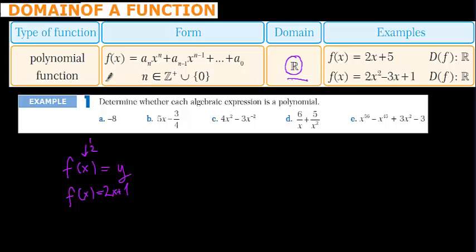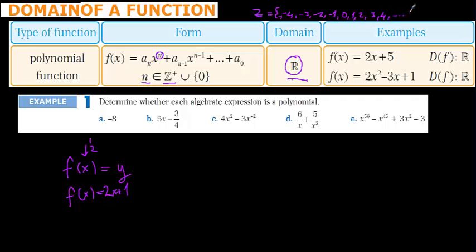For the polynomial functions, the important part is the power. The power is going to be a natural number. Z plus, if you remember, and Z is the integer set. From -infinity it's coming, and -4, -3, -2, -1, 0, 1, 2, 3, and 4 we can write.